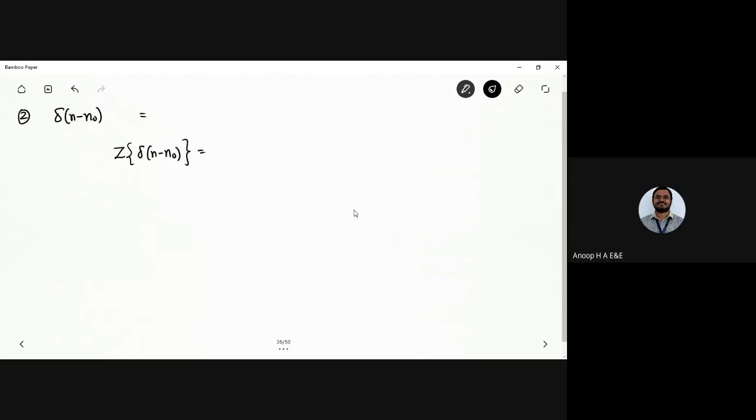I know the z transform, so let me derive it quite easily. Let us understand delta of n minus n naught. That would be equal to 1 when n minus n naught equals 0, that is n is equal to n naught, and 0 when n minus n naught is not equal to 0, that is when n is not equal to n naught.